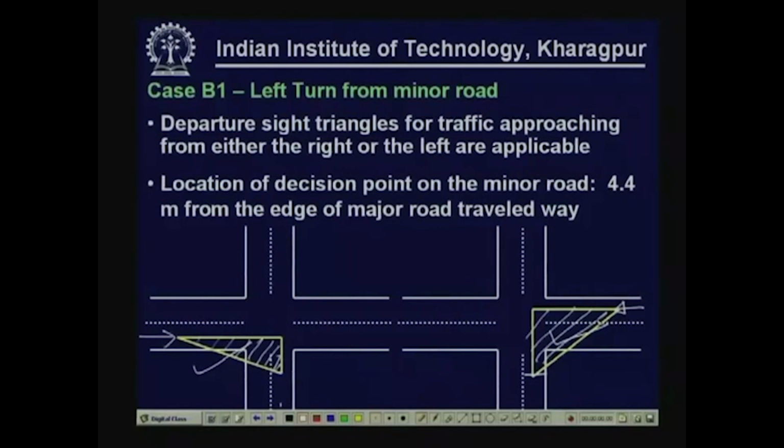Now, the location of the decision point on the minor road, as per AASHTO, is 4.4 meter from the edge of the major road travelled way. That means, essentially this is the distance we are calling 4.4 meter, from the edge of the travelled way. Now, how is this 4.4 meter taken? Let us again try to understand the basics.